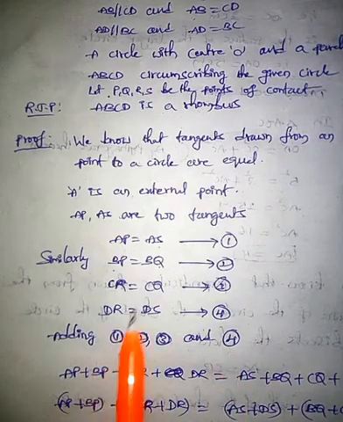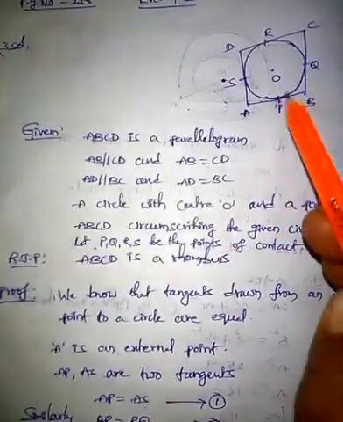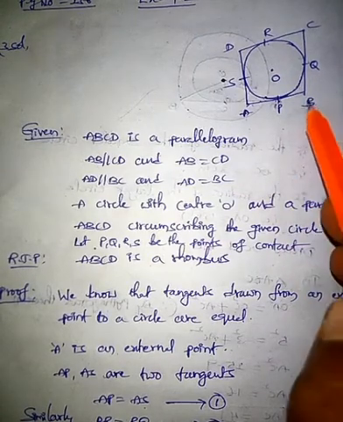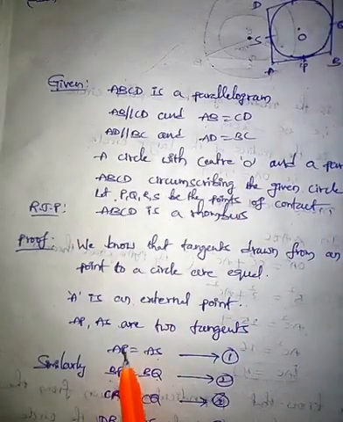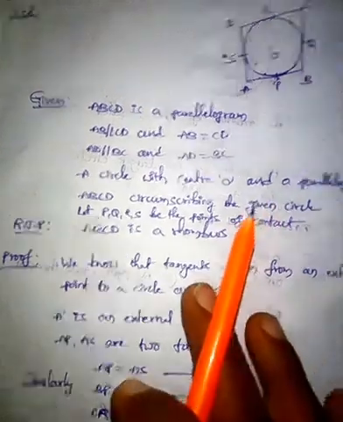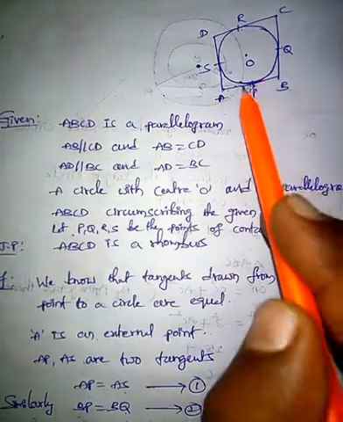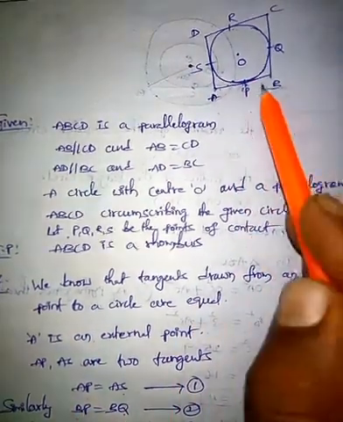Okay, so children, at this point you have to remember one thing, that is, in these equations I wrote the parts, that is AP and BP.